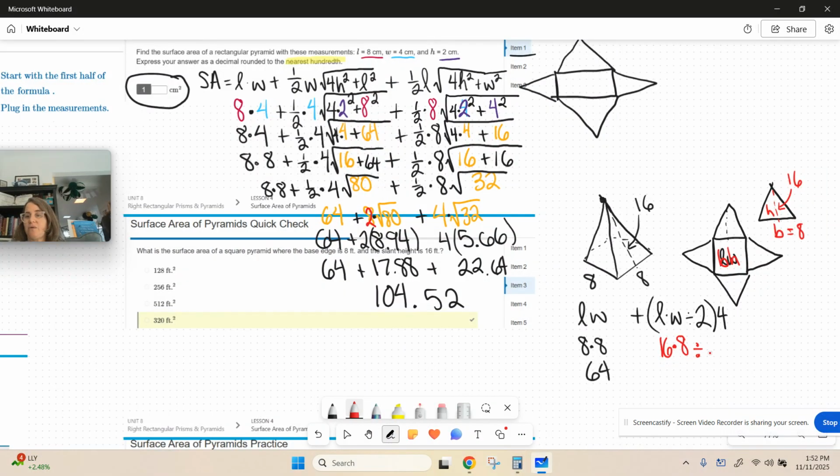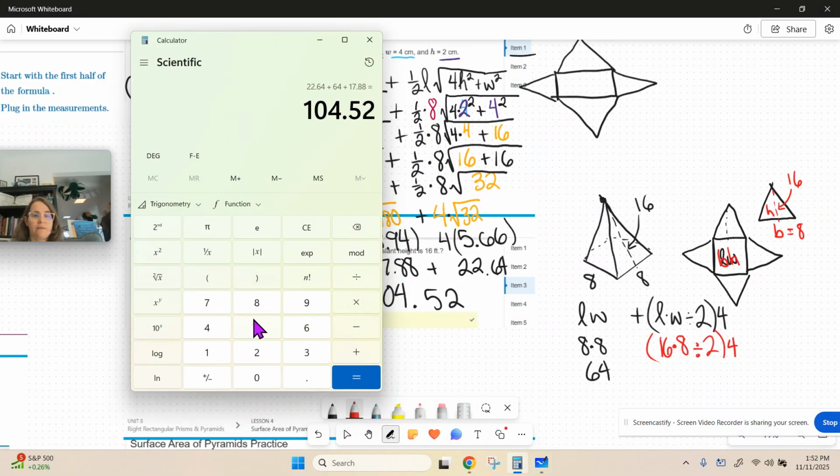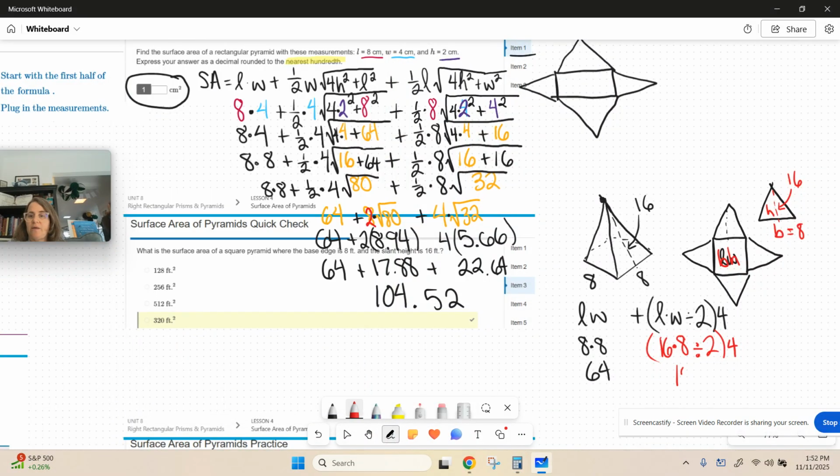I'll divide by 2, and then I can multiply by 4. Okay. Oh, what is 16 times 8? Is 128. Yeah, half of that should be 64, times 4.